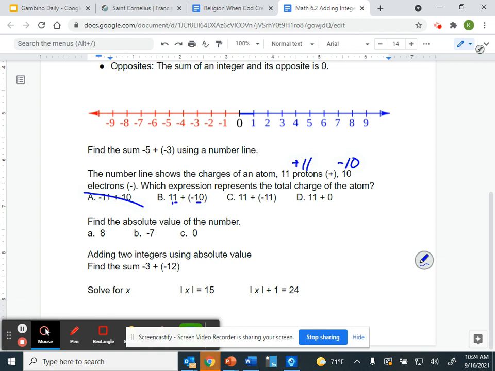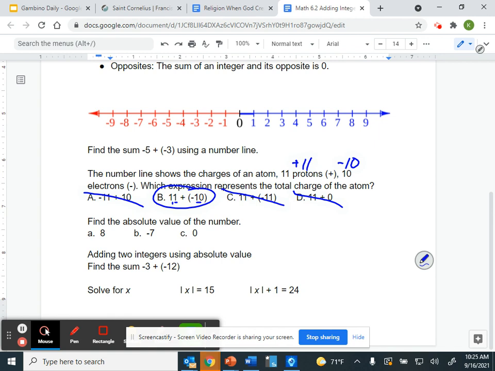Let's look at C. We have a +11 and a -11. We have -11 in our problem? No, we can cross that off. Then we have a +11 and a 0. No. So we know our answer just by process of elimination. So when you get these multiple choice questions, look to see what information they are giving us, what information is in the answer choices.